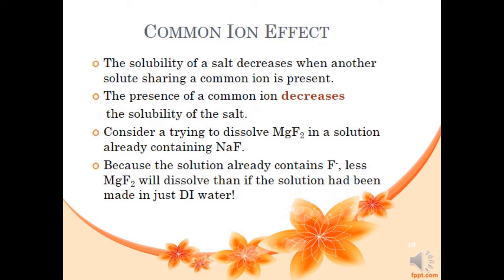So let us look at the first factor, which is the common ion effect. The rule is when a common ion is present, solubility will decrease. Now, for example here, try to dissolve magnesium fluoride in a solution that already has sodium fluoride.